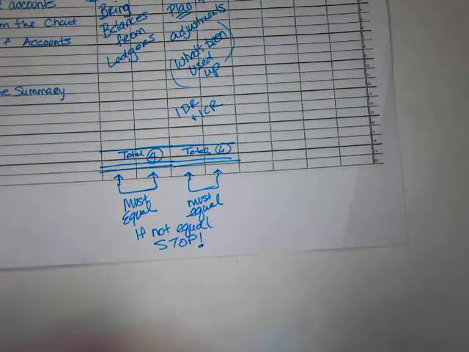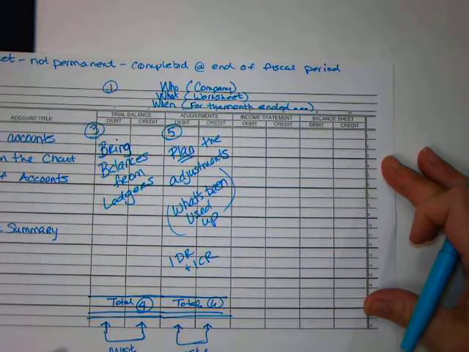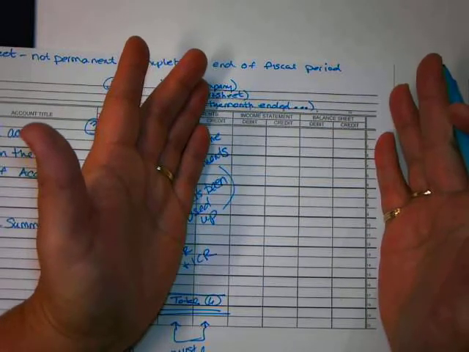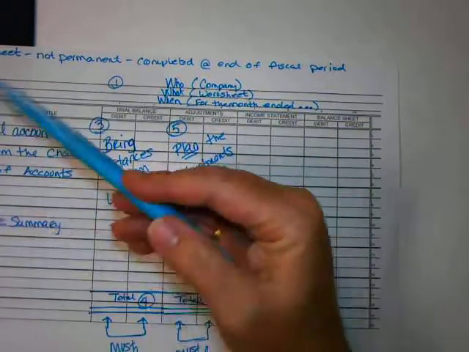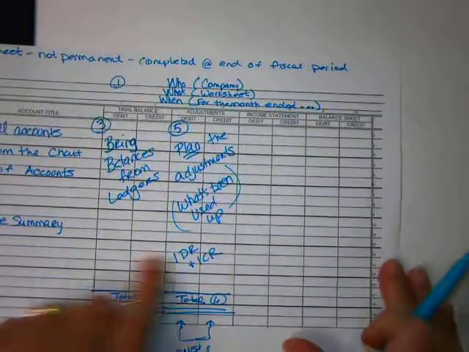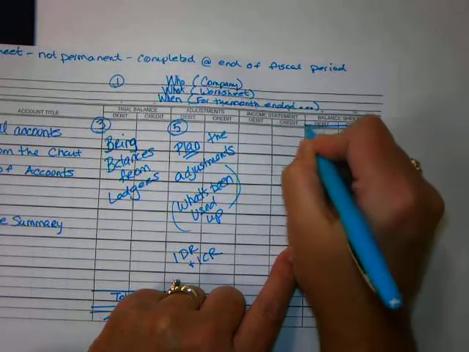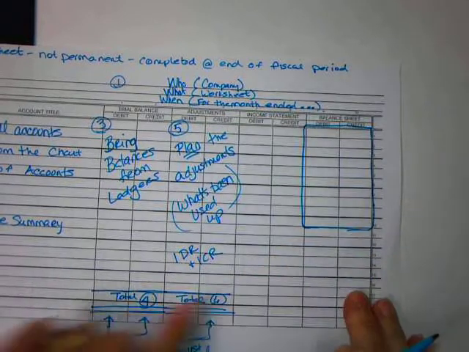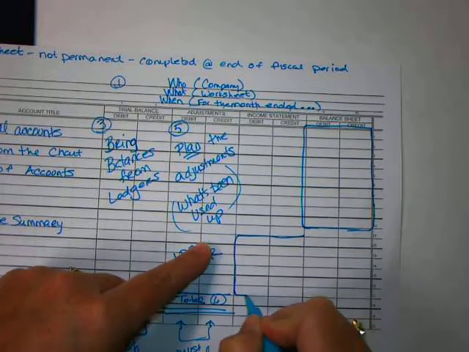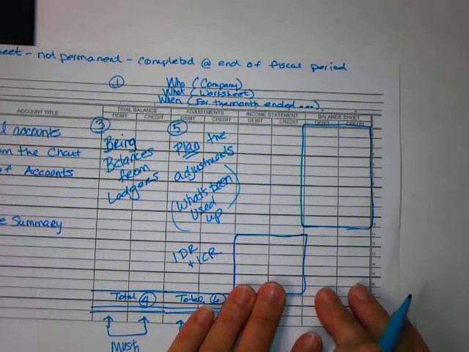All right. Then we're ready to extend, what we call extend our balances to the income and balance sheet accounts. So again, everything above income summary goes to the balance sheet. So I'm just going to kind of block this off. Okay, and then everything below income summary is going to go to the income statement columns.